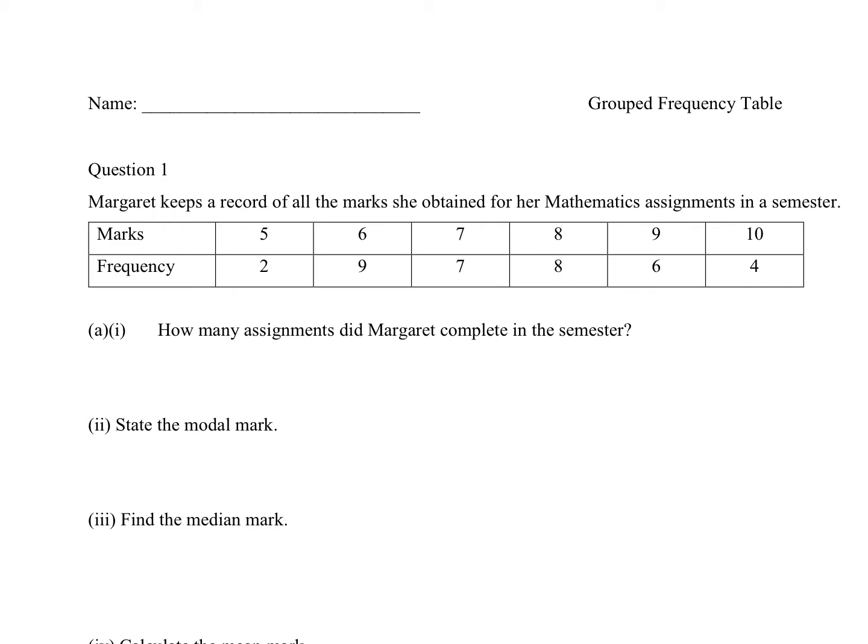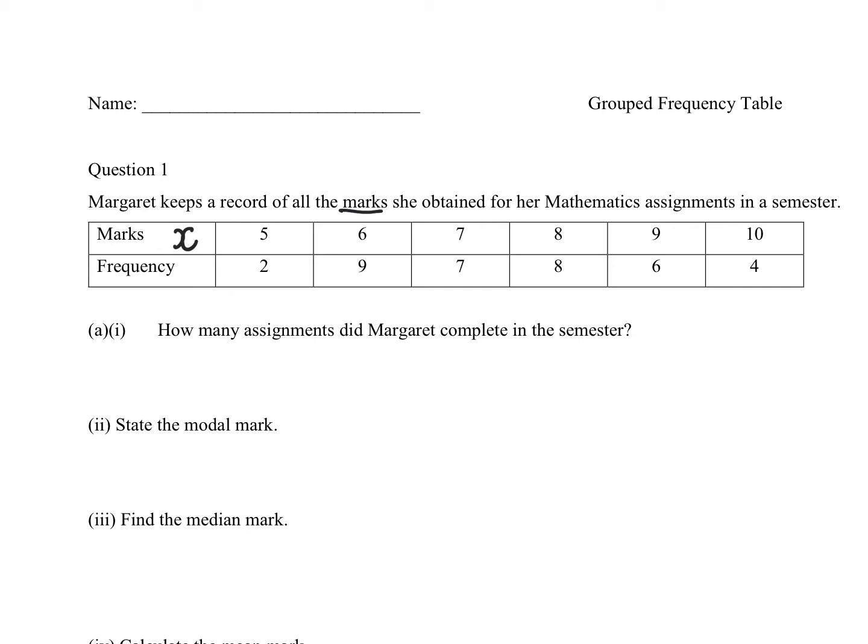Usually for a group frequency table, we have a data value, which we call X, and a frequency, which is the letter F. Which one is the data value? What is the data she is recording? She's recording all of the marks she obtained. So the data value X is the marks.